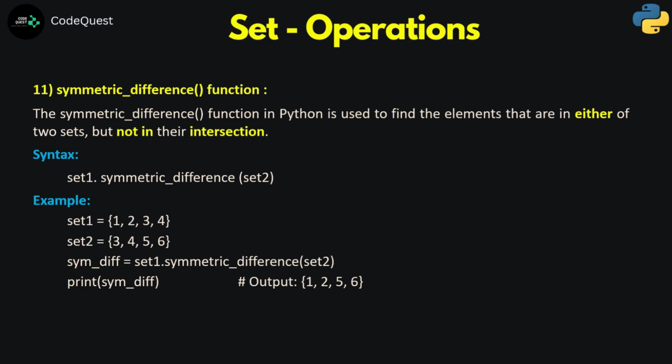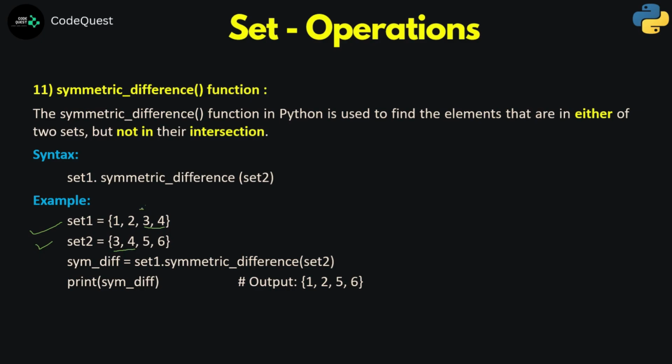So symmetric difference function we use to find all those elements which are present in either of the sets, maybe in set 1 they are present or in set 2 they are present, but not in their intersection, not the common elements. Let's say when I'm taking these two sets, set 1, set 2, holding 1, 2, 3, 4 and 3, 4, 5, 6. So 3, 4, these are the elements which are the intersection of set 1 and set 2.